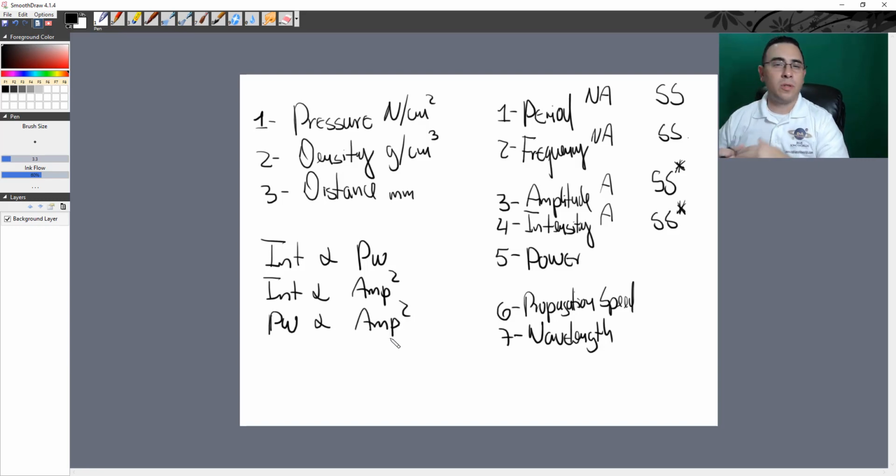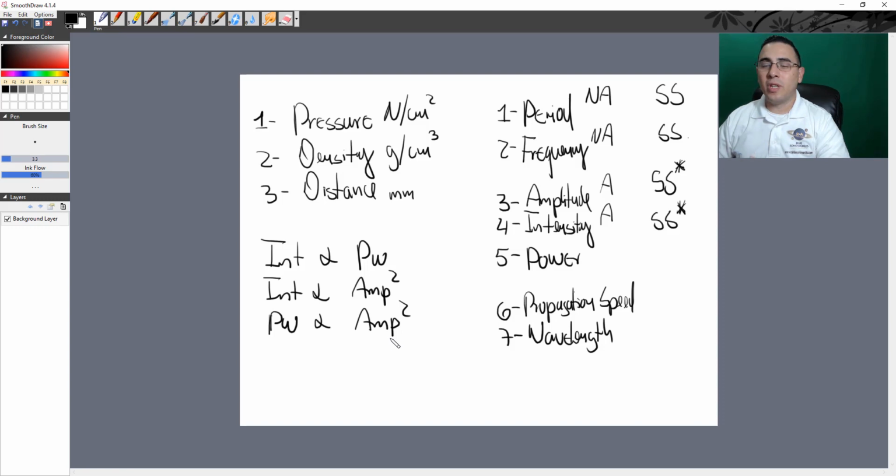Meaning that if power goes 2 times up, for example, intensity is going to go 2 times up. But if amplitude goes 2 times up, then intensity is going to go up exponentially. All right, think about this. If amplitude goes 2 times up, intensity is going to go 2 times 2, 4 times up. If amplitude goes 2 times up, also power is going to go up 4 times. So the growth is going to be exponential.